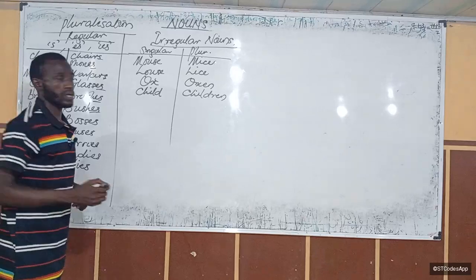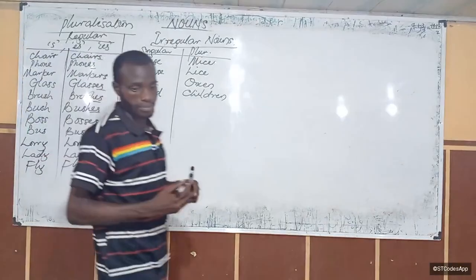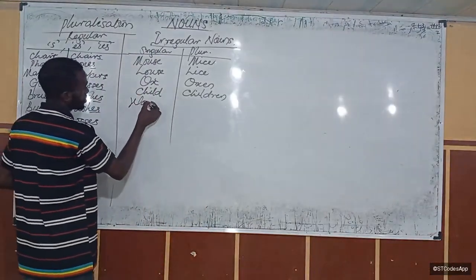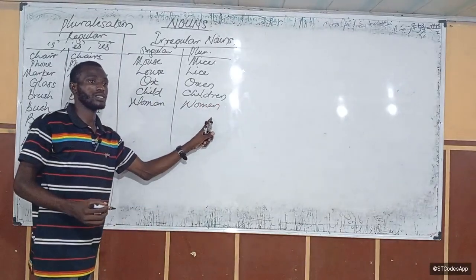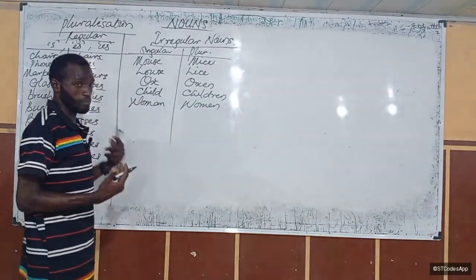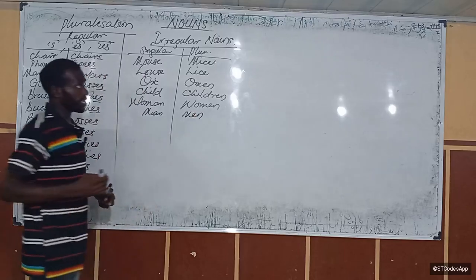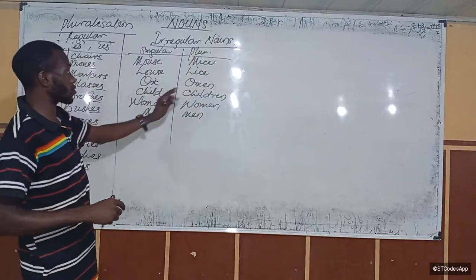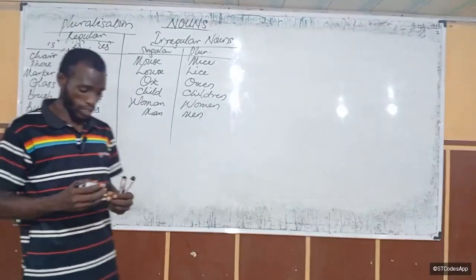These are the very common examples. We also have woman, and pronounce this word, women. All right, so this is women, not woman, or man and men. So you see that the form changes. Is that okay? The form changes, so we call them irregular nouns. All right, so these are the ways by which we pluralize them.